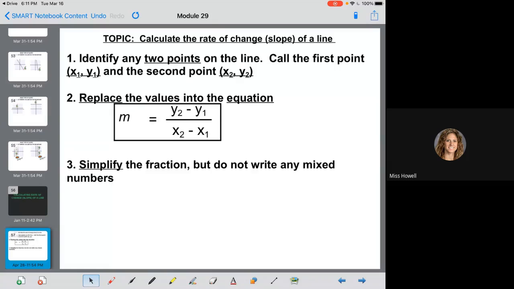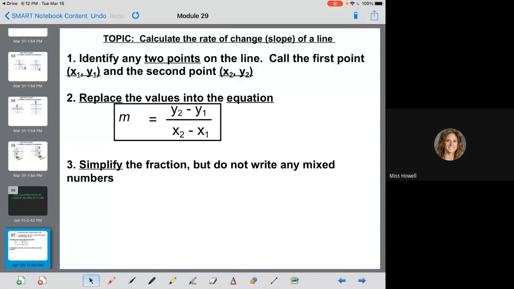So our steps for today: how to calculate the rate of change, which is our steepness or our slope of our line. To be able to calculate that rate of change on our line, we need 2 points, and it can be any 2 points from our line. Sometimes we'll just be given those 2 points, which makes things pretty simple. But sometimes we're not just given values.